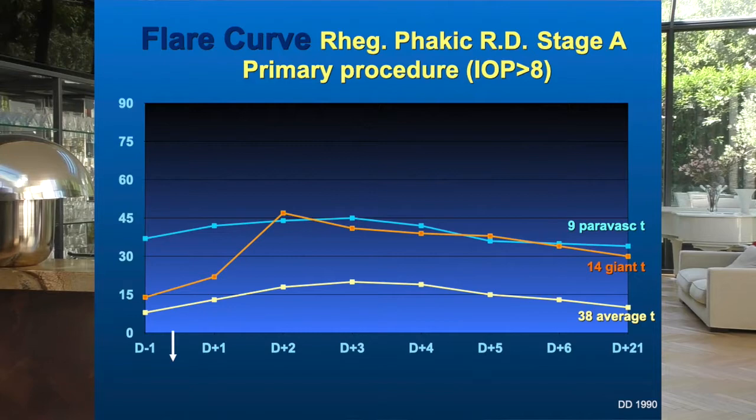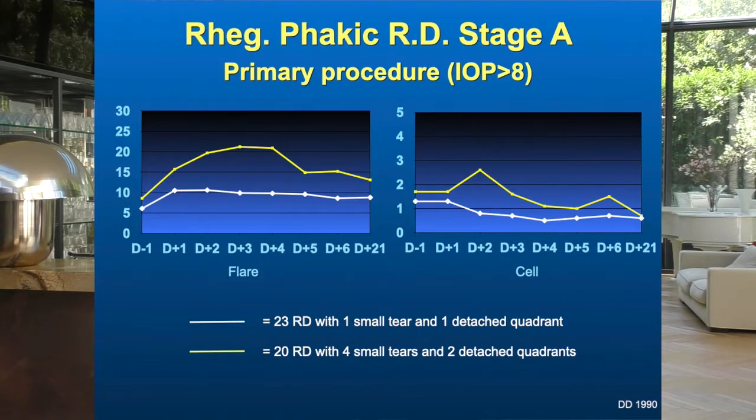But we can even go further in the study by selecting, for example, the phakic patients with normal pressure, primary procedure, stage A, and presenting only small tears.